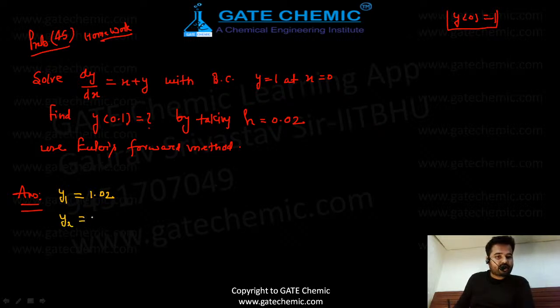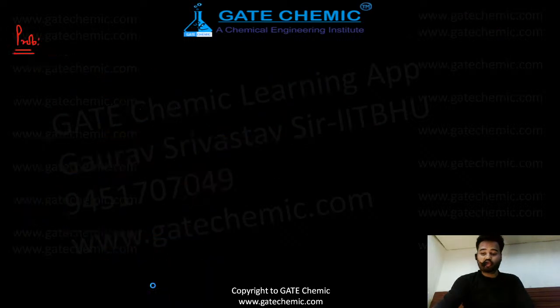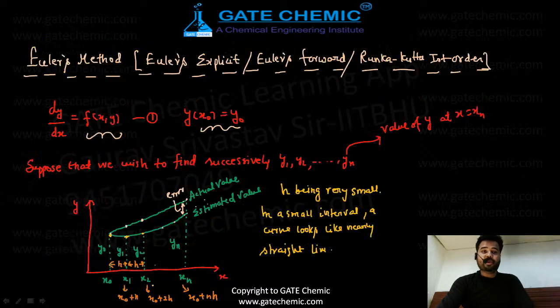And y2 you will get 1.0405. y3 you will get 1.0624. y4 you will get 1.0848. y5 you will get 1.1081. Okay, I hope you all enjoyed today's lecture, two back-to-back lectures, one of the Picard method and the second one of Euler's method.